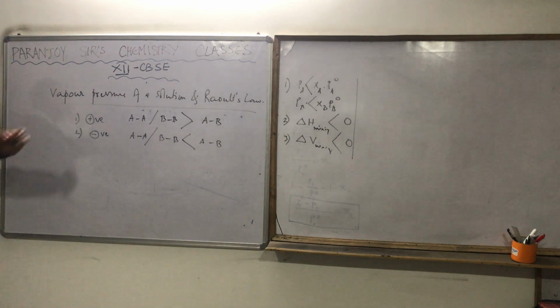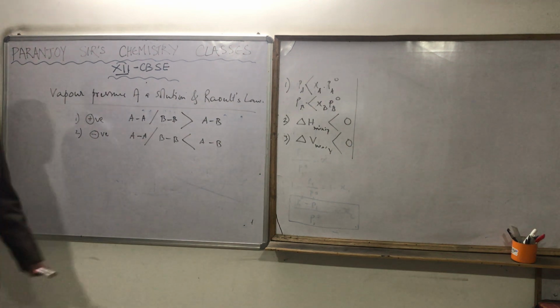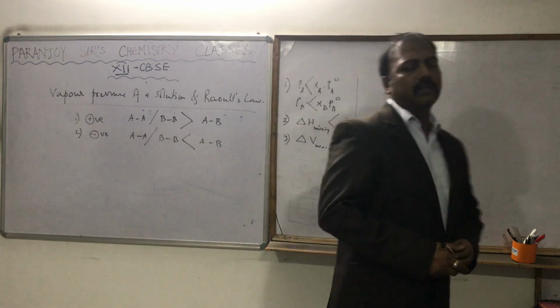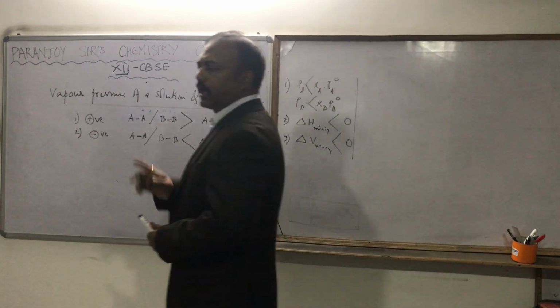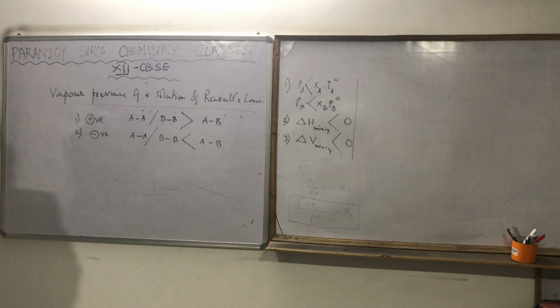The example of positive deviation is n-hexane and ethanol, and the example for negative deviation is acetone and chloroform. Okay, so that's all about the solution of the non-volatile solute and the volatile solute.